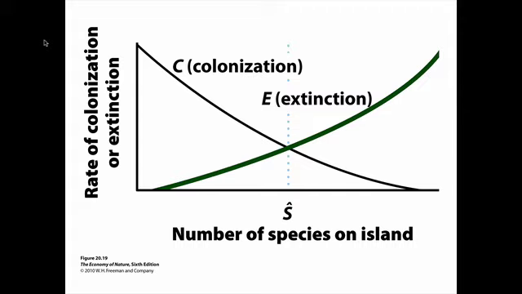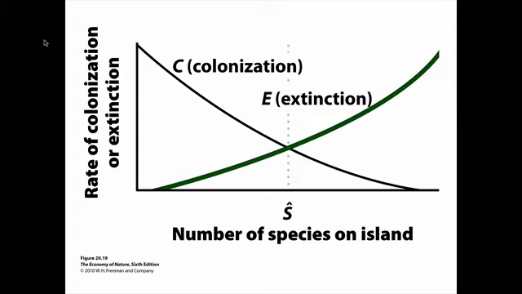Because just randomly, a species that was on the island may go extinct, and it may not be replaced by the same species. It may be replaced by a different one. So in island biogeography theory, the crucial thing here is this S hat, which is the stable expected number of species on an island, but the identity of those species is not fixed. It can be any of the species in the pool.